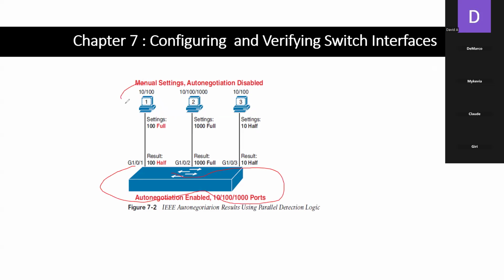These endpoints have manual settings, with auto negotiation disabled. 10 and 100 megabits per second is possible to use, but the setting that's statically configured is 100 megabits per second, and the duplex is set to full. Since auto negotiation is not configured on the endpoint, the switch is going to say, based on the IEEE standard, your speed is 100, I'm going to set your duplex to half.